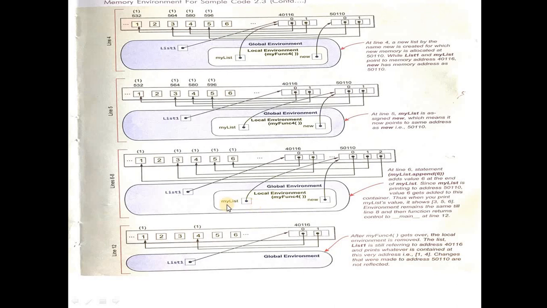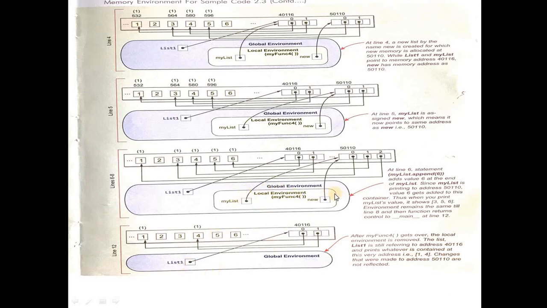Now coming to the next, we are appending to new, which is reflected in my list but not in list 1, because it is a different memory location. So now my list and new are changed here.